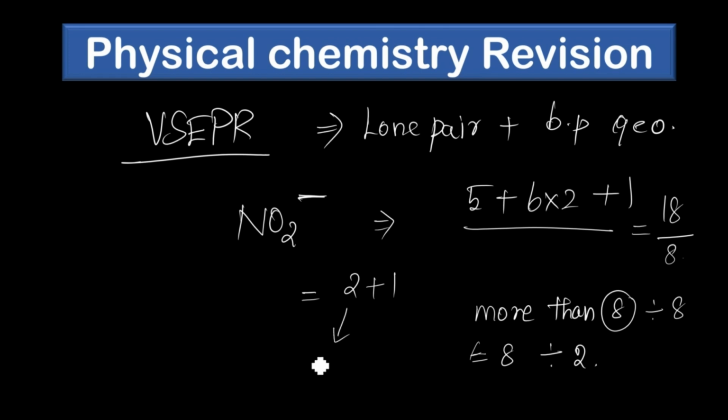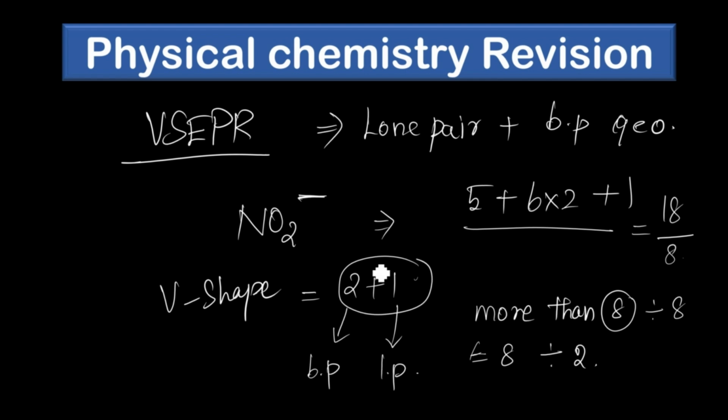So 2 bond pairs, 1 lone pair must be there. So the 2 plus 1 combination gives V-shape angular. That is the shape of NO2 minus. And the hybridization, which is the combination of 2 plus 1, that is sp2.